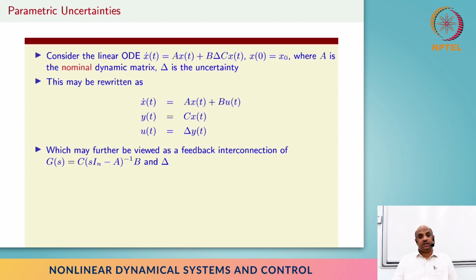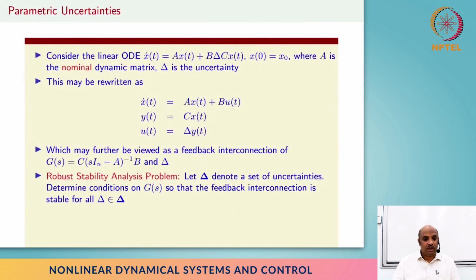Therefore this entire system could be viewed as a feedback interconnection between a nominal part whose transfer function is C times (sI minus A) inverse B, and the uncertainty delta. Typically we will assume for the time being that delta is a constant, but it could actually be beneficial in some cases where delta itself is a transfer function, though this particular example doesn't demonstrate that aspect, right?